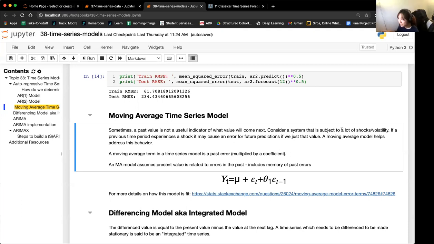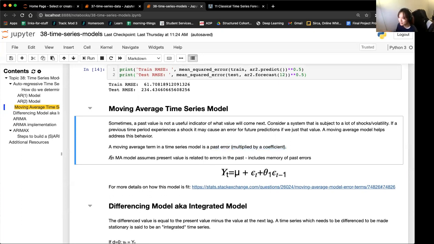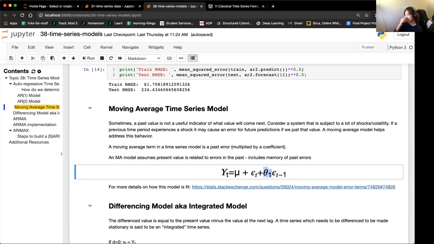A moving average term in a time series model is a past error multiplied by a coefficient. This moving average model assumes that the present value is related to errors in the past, so it includes memory of past errors. What we're going to break down here: you can see that this theta is the coefficient.